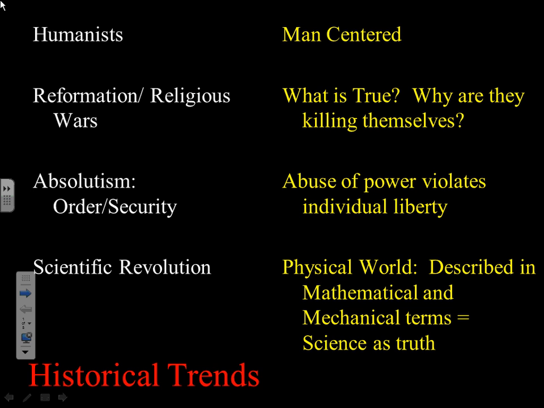But the humanists, putting an emphasis on humankind, really create a man-centered worldview. This is a man-centered worldview absent or distancing themselves from a divine worldview, a belief in a divine being that created all things. So we start to see that the human experience looks at man as at the center of all things rather than God being at the center.